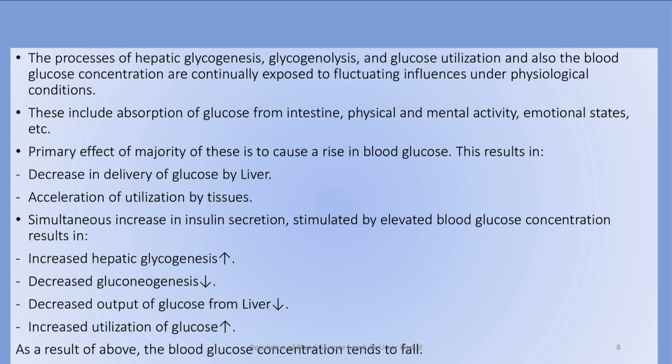This results in decrease in delivery of glucose by liver, acceleration of utilization by tissues, and simultaneous increase in insulin secretion, stimulated by elevated blood glucose concentration, resulting in increased hepatic glycogenesis, decreased gluconeogenesis, decreased output of glucose from liver, and increased utilization of glucose. As a result of the above, the blood glucose concentration tends to fall.